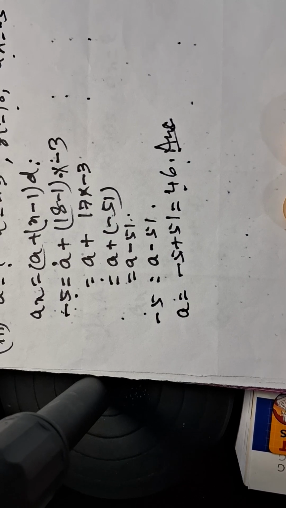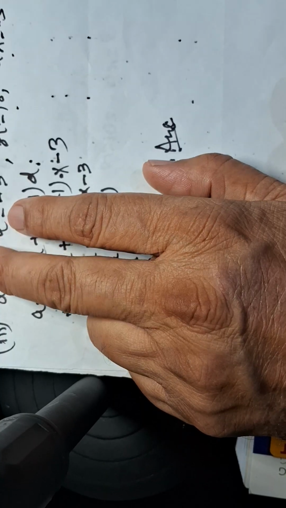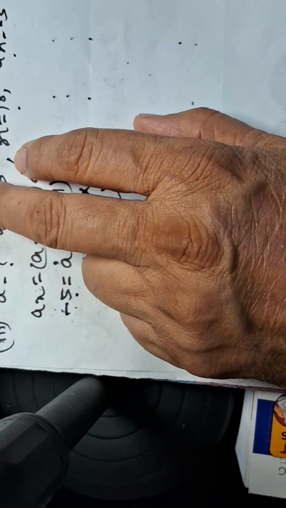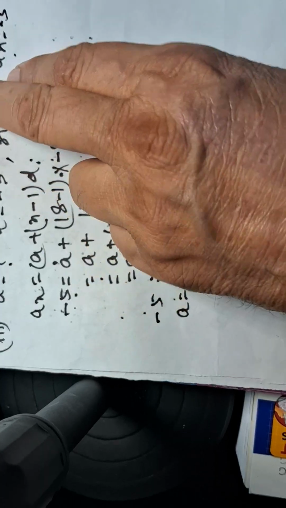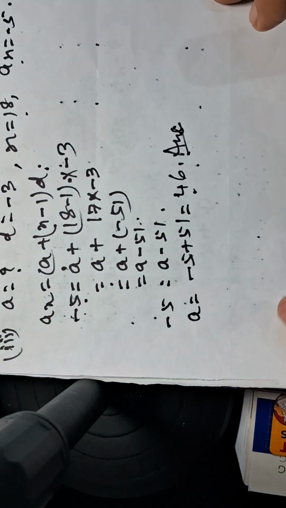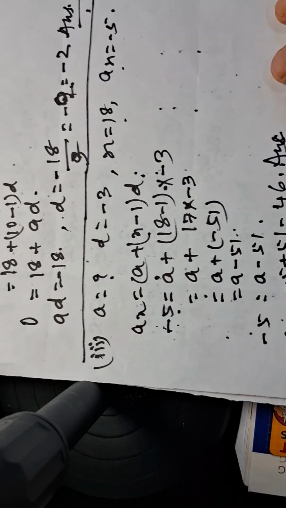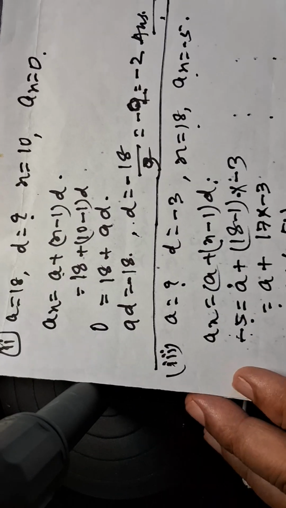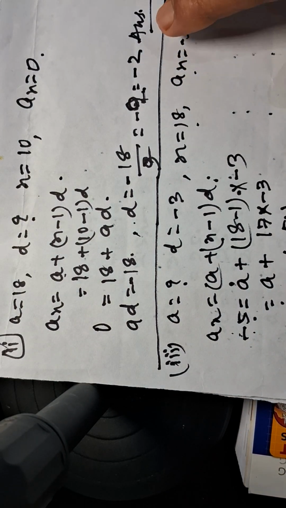An is equal to 0, it is mentioned in the table. So 0 is equal to 18 plus 9d, then 9d is equal to minus 18. Then d will be minus 18 by 9, which is minus 2. Minus 2 is the answer.